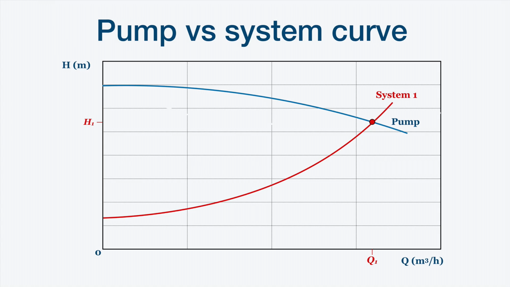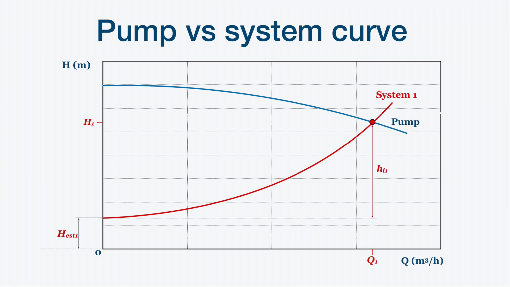At this point, the pump will deliver a flow rate Q1 and head H1. Of course, as we have seen before, system 1 is obtained by adding the static head Est1 plus the dynamic head, the head losses.